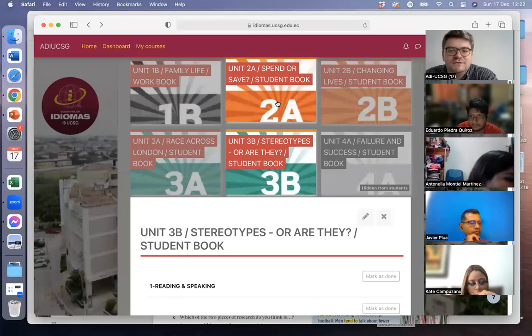So there are loads of stereotypes, not just about gender, men and women, but about specific nationalities too. For example, it is believed that the French are very good chefs or Italians are very good chefs. This is a stereotype. It is believed that Chinese are very bad drivers.